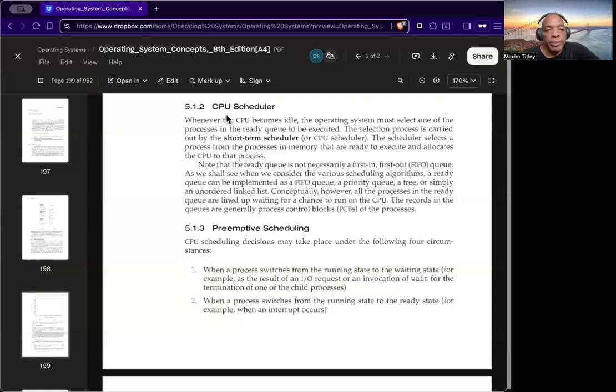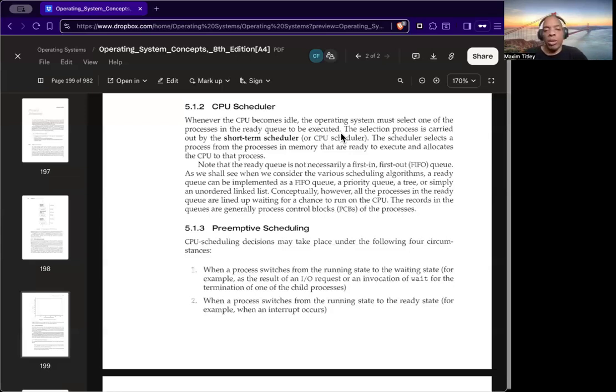on different jobs. So whenever the CPU becomes idle, the operating system has to select the process in the ready queue to be executed. Now, remember we spoke about ready queues when we spoke of processes because we said there are different states that a process can have.